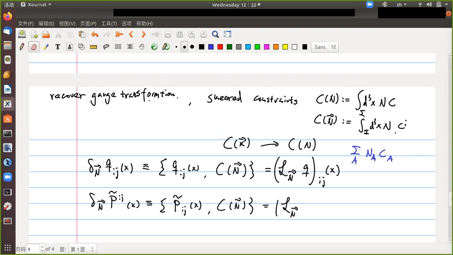Sorry, here it is actually n^i C_i, so this is vector n^i, and C lower i is C upper i with the index lowered by q.